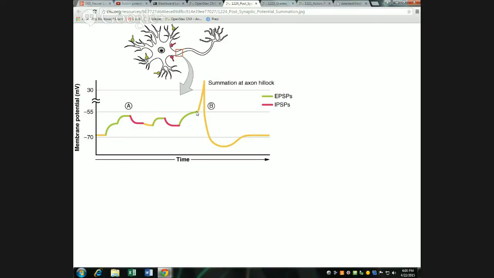If you have a certain amount more of one, either excitatory or inhibitory, it determines whether you have an action potential or not. Right. So I can actually illustrate that a little bit.